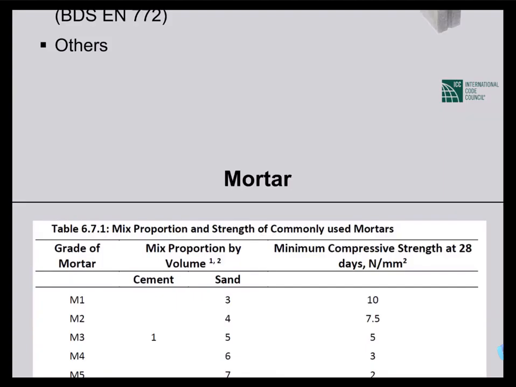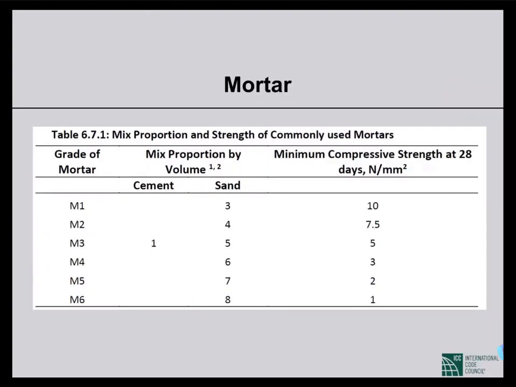Now, that was about masonry units. And now let's talk about mortar. I think we should keep in mind that mortar is the most important part of masonry, because the strength of the masonry work mostly depends on the strength of the mortar, because the joints are the weakest part of masonry.